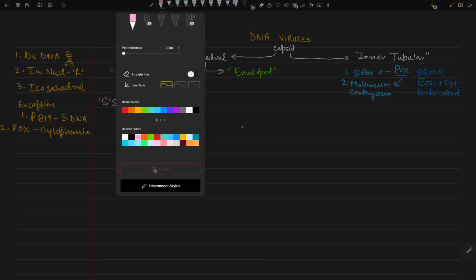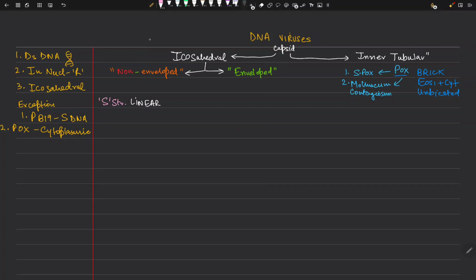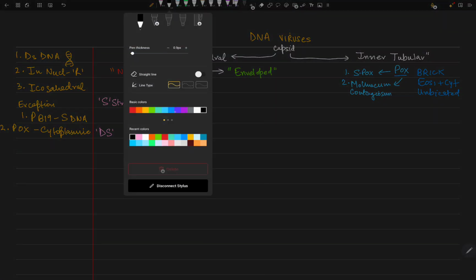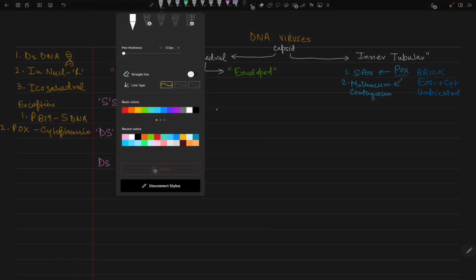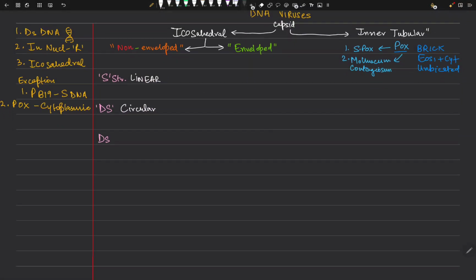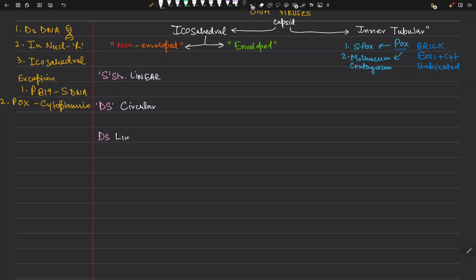The second type is going to be double-stranded but circular, so I'm going to write double-stranded, but this time it's circular DNA. And the third type is again double-stranded, but the shape changes. It's going to be linear again, once again linear DNA.